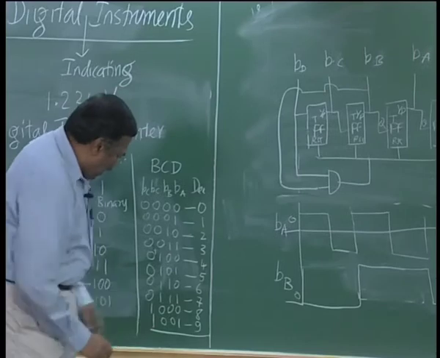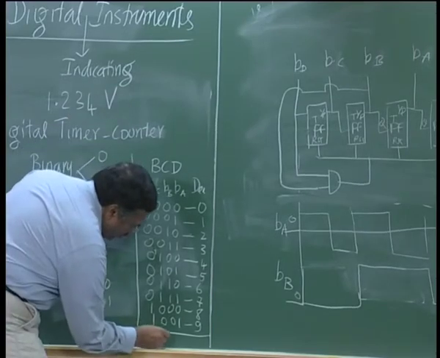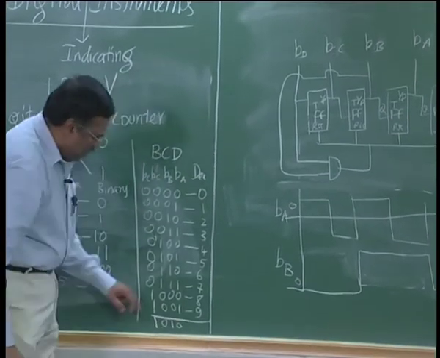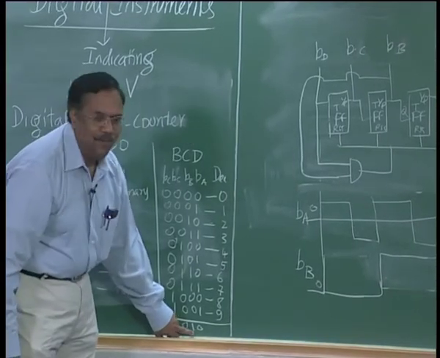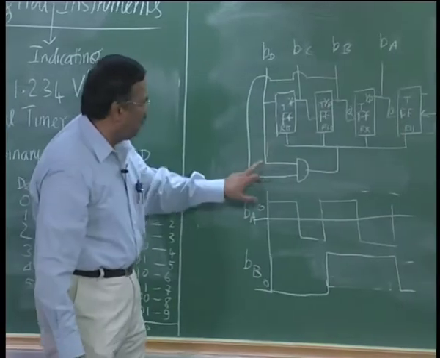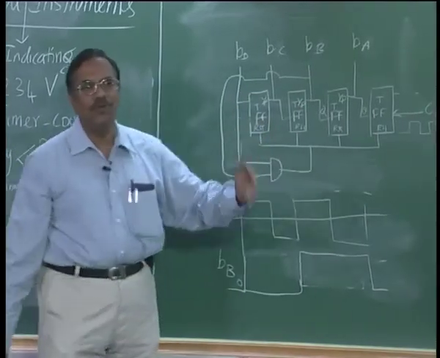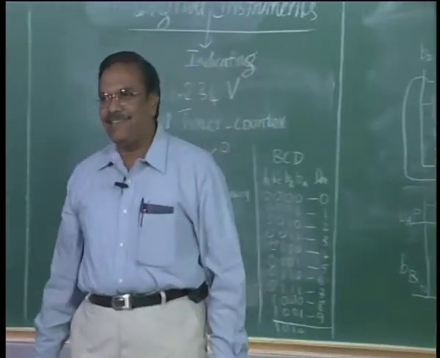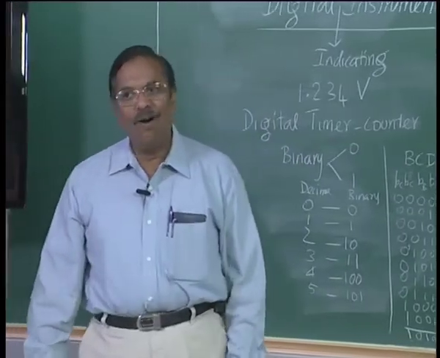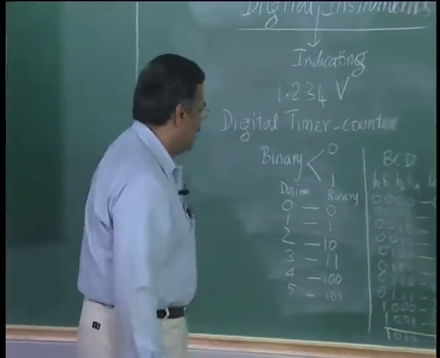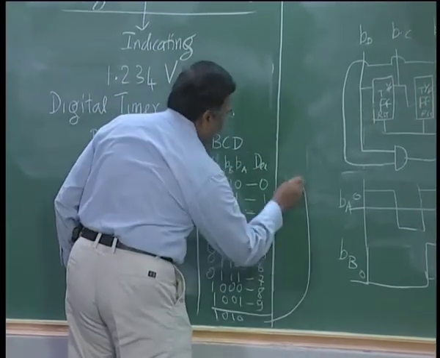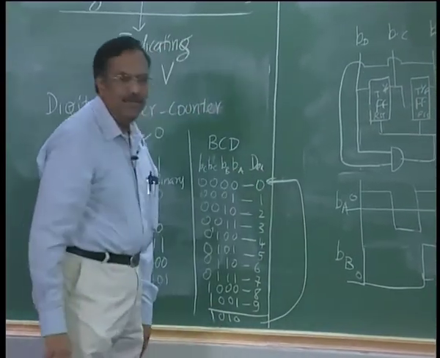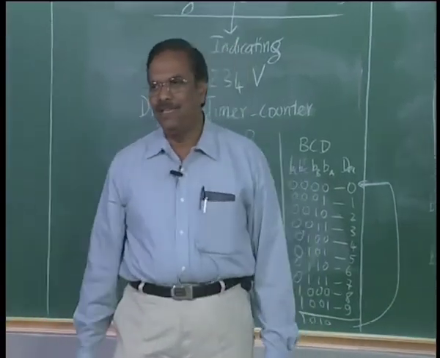So, when I go from 1001 to 1010, this is BD and BB. So, these two will become 1, the AND gate output will become 1, and it will reset all the flip flops. So, after 1001, when 1010 comes, it will go back to 0, right, the flip flops will be reset to 0.